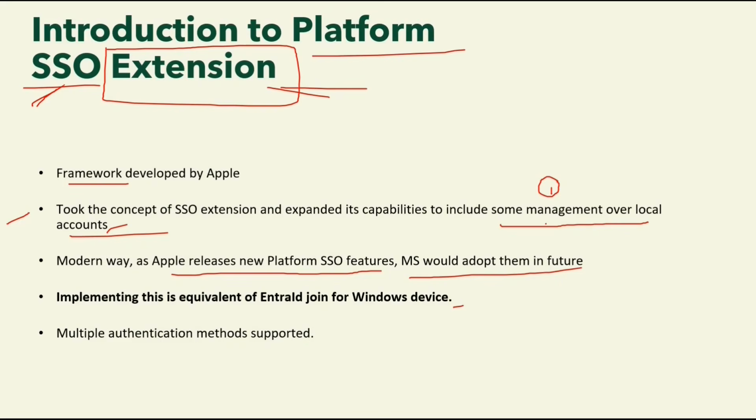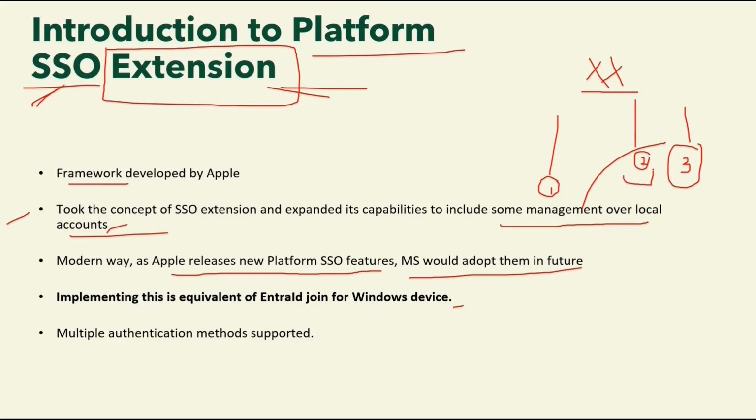If you're implementing Platform Single Sign-On, you no longer have to bind your device to the on-premise local domain, and you are getting some manageability over the local accounts as well. That is number 2. And number 3 is you are obviously getting the single sign-on experience. So these are the 3 things that are coming out. First, you do not need to do an on-premise domain join, meaning you do not need to have a direct line of connectivity with your on-premise domain controller.